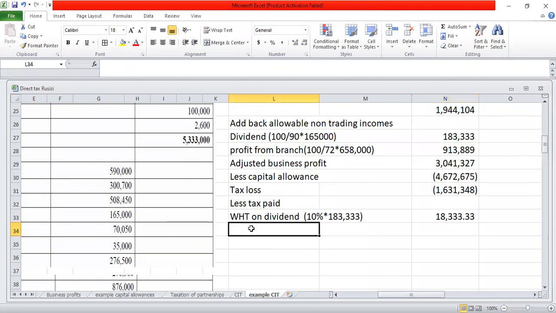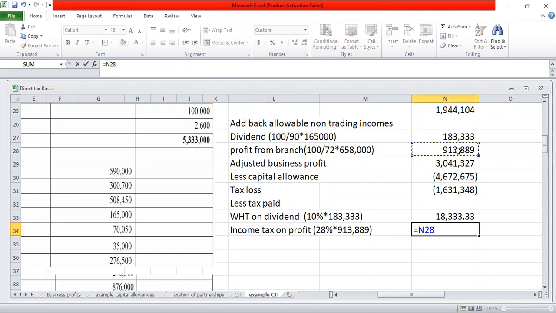Then I have income tax on profit, which is 28 times 913,889 times 28%.